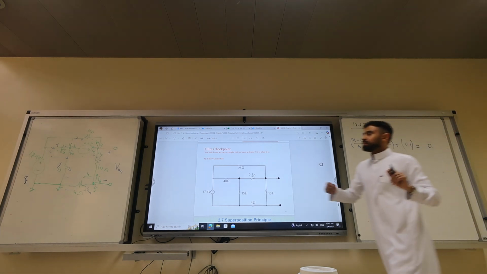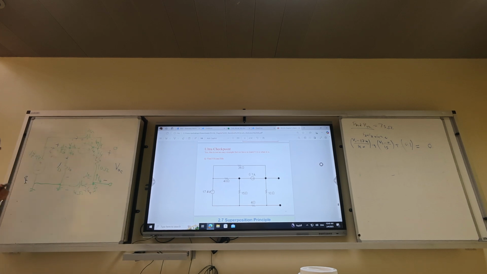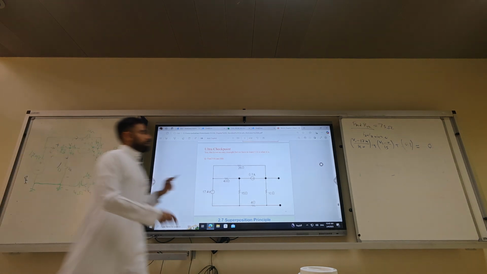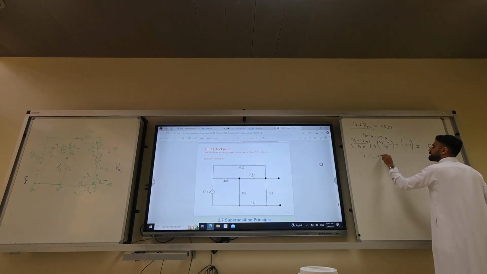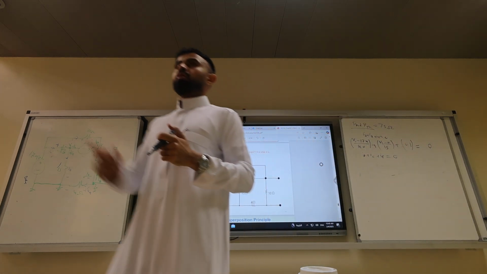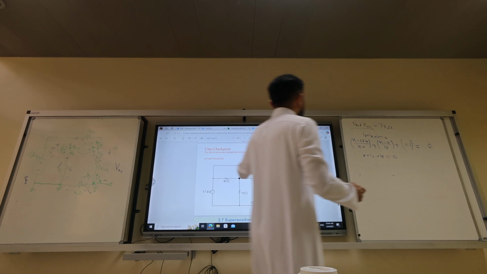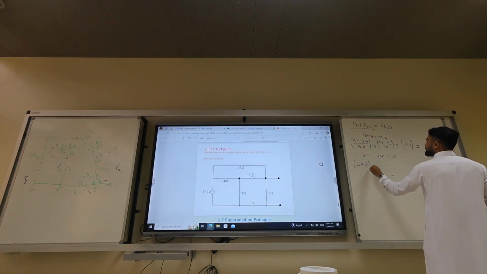Who wants to do the second node, which is this node? We want ID, IE, IF. ID plus IE plus IF. What is ID? Negative 0.1. What is IE?